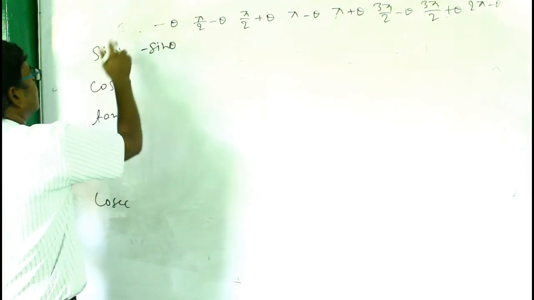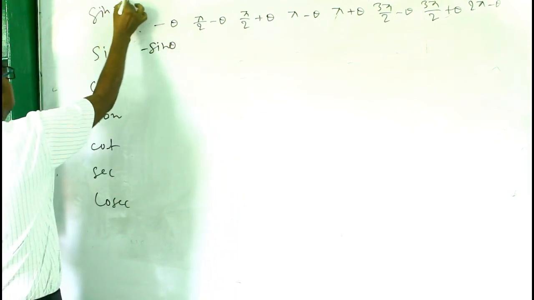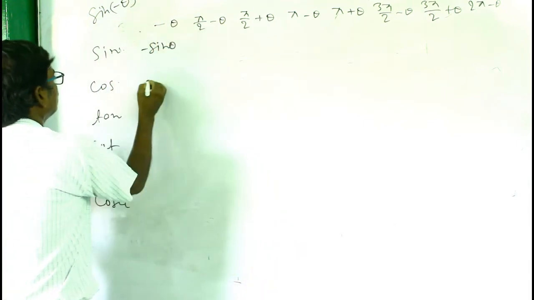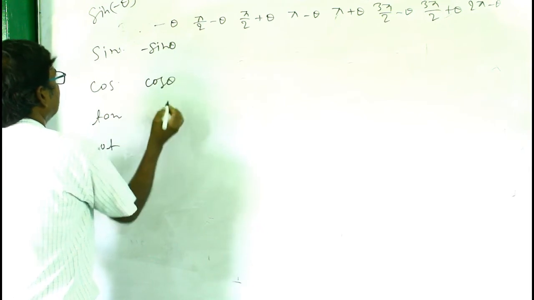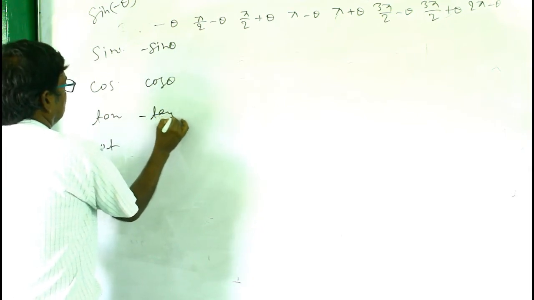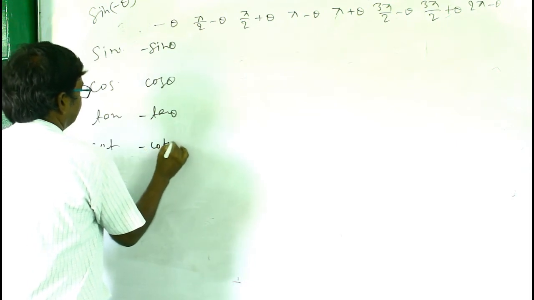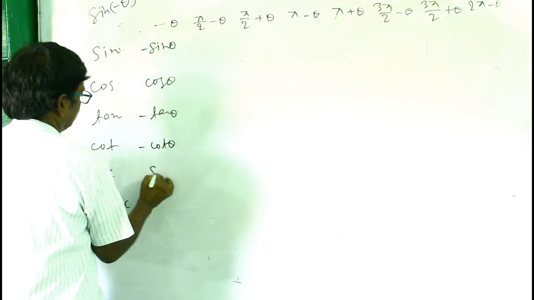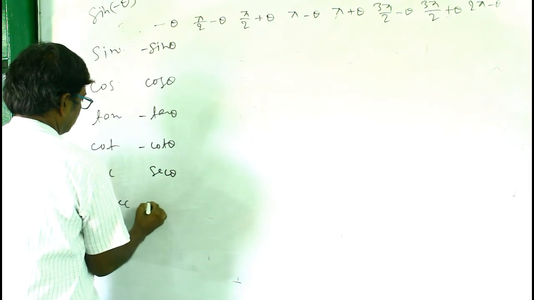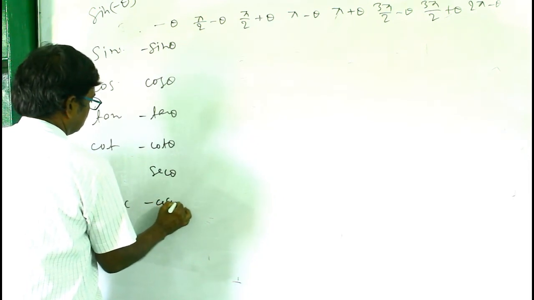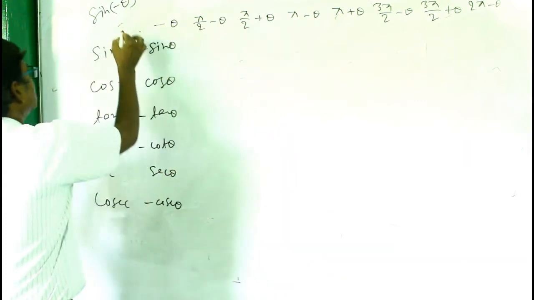Okay, sine minus theta equal to minus sine theta, cos minus theta equal to cos theta, and tan minus theta equal to minus tan theta, cot minus theta equal to minus cot theta, and sec minus theta equal to sec theta, cosec minus theta equal to minus cosec theta. Okay, so these are the values.